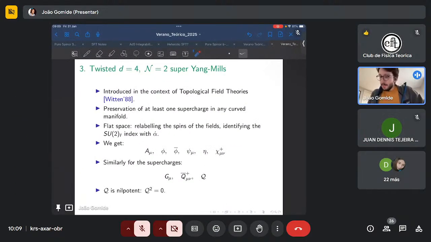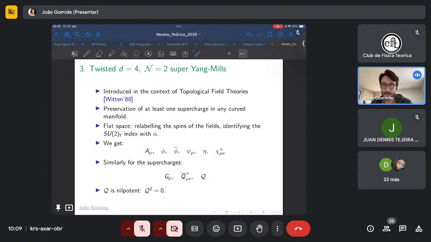Okay, just very brief words. It's usually hard to define quantum field theories in curved spacetimes, and one of the motivations for this twisting is that you want to be able to have a supersymmetric theory on any manifold.